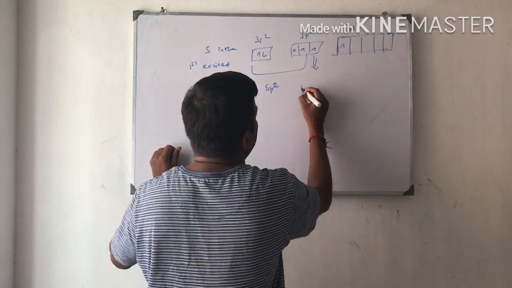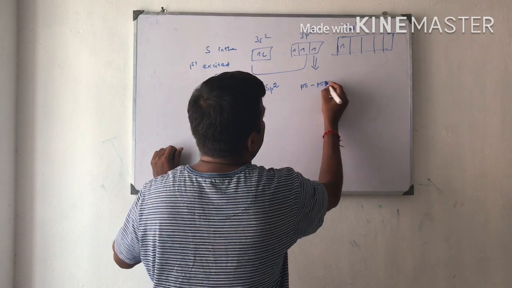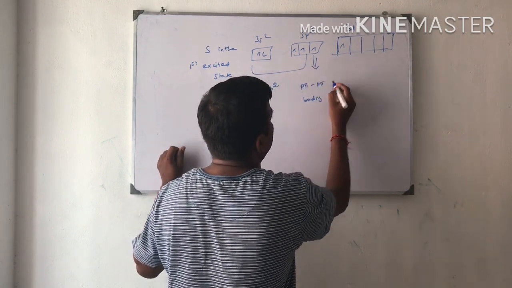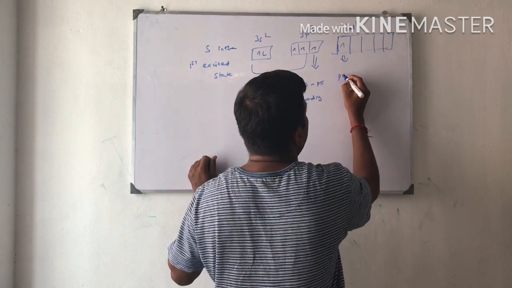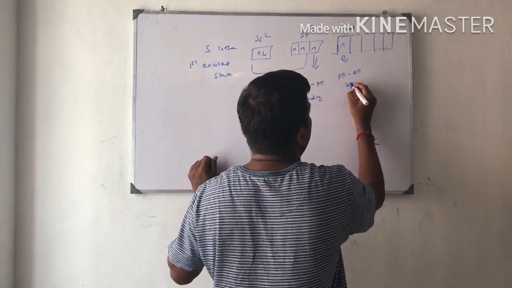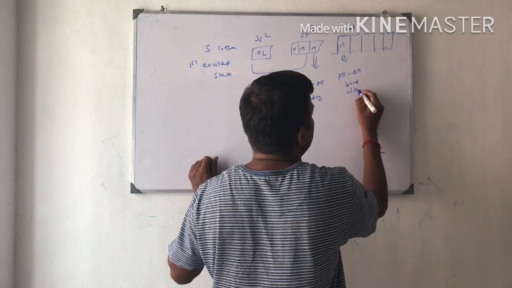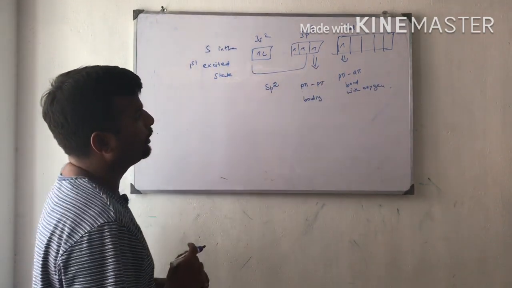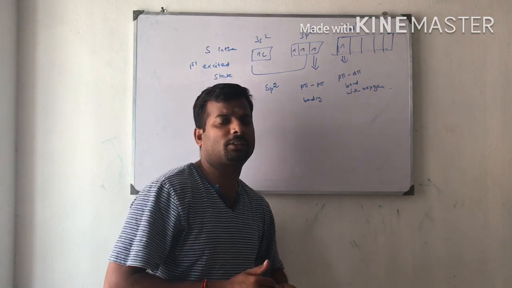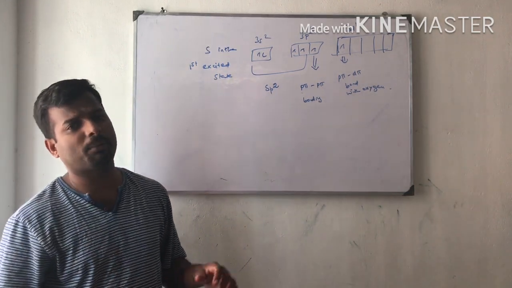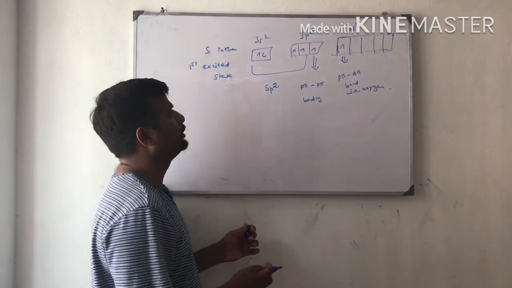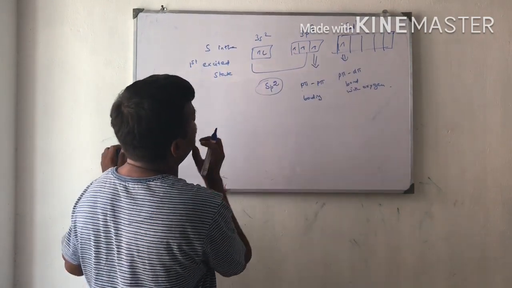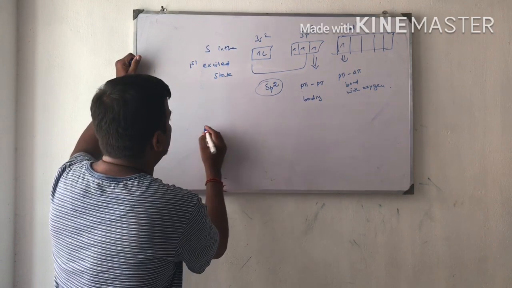This involves p-pi bonding, and this involves p-pi d-pi bond with oxygen. I explained this in the 11th standard itself, in the hybridization chapter. One s orbital and two p orbitals combine to form sp2 hybrid orbitals.